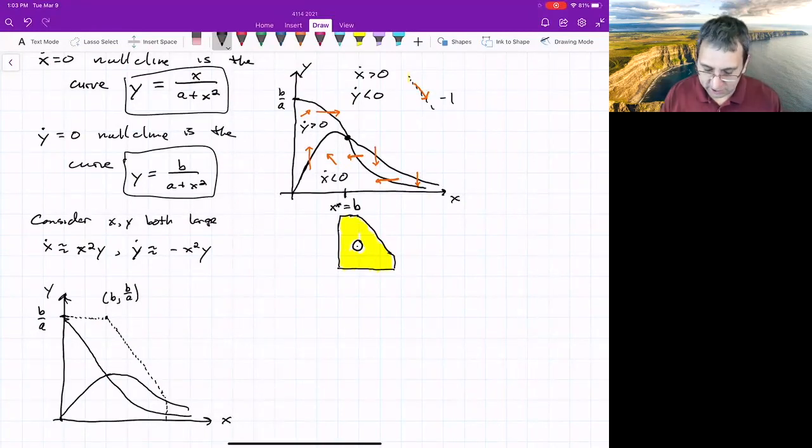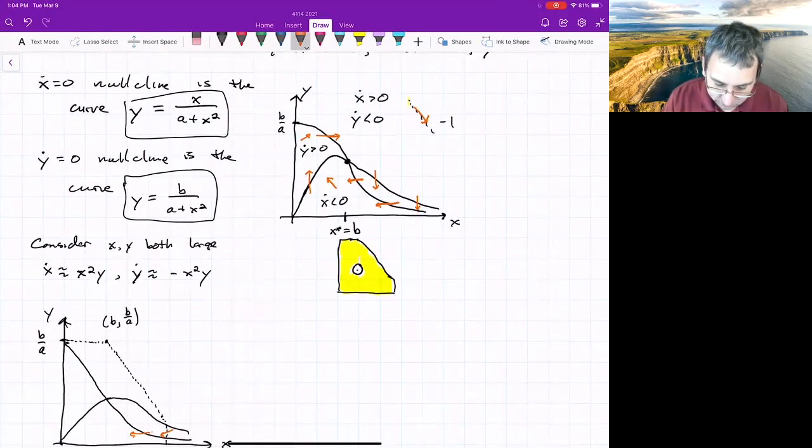So as an outer contour, does this work? Well, just look over here from the nullclines. This is pointing this way, so we've got a vector field that's pointing inside, at least on that bottom part.